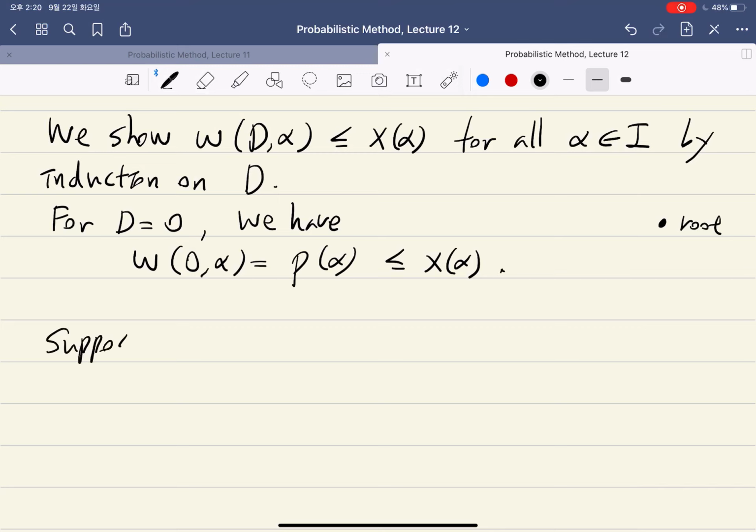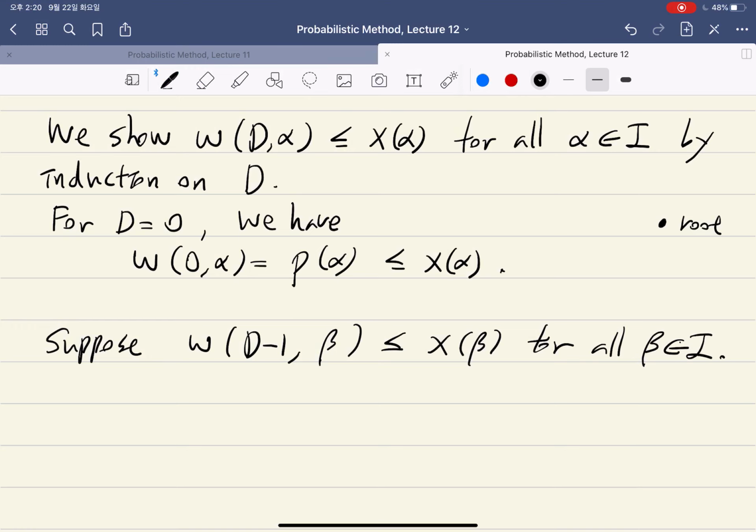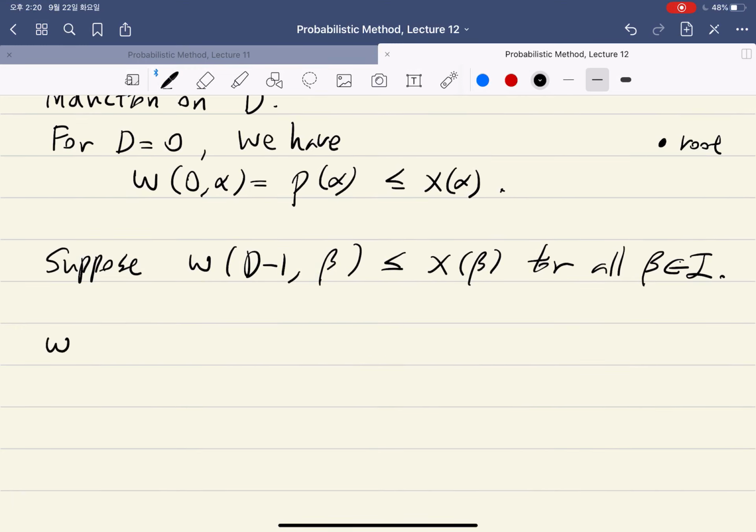And suppose W of t minus 1, beta is smaller than x beta for all beta inside of I. Then by the recursion above, what do we know?